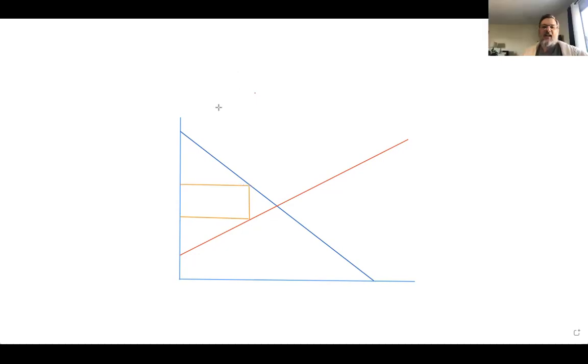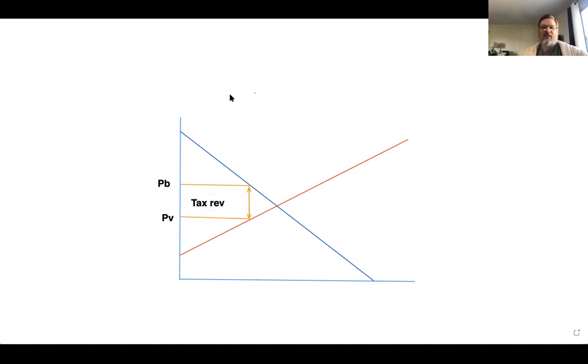And you could label those PB and PV, but then remember that this distance here is the tax. So then this is tax revenue, that rectangle.